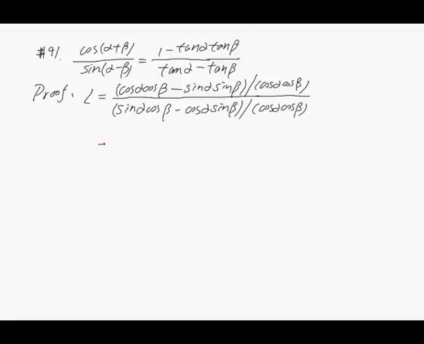And then cosine alpha cosine beta divided by cosine alpha cosine beta equals 1. And sine alpha sine beta over the cosine alpha cosine beta, you have the tangent alpha times tangent beta.